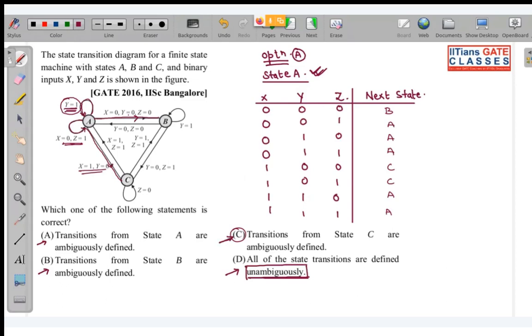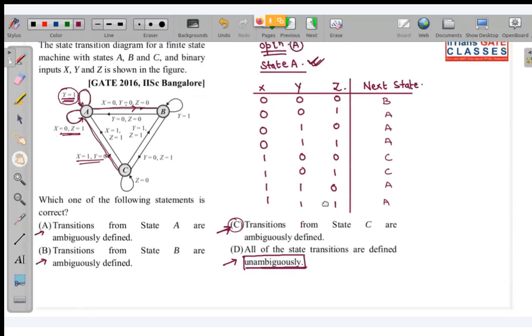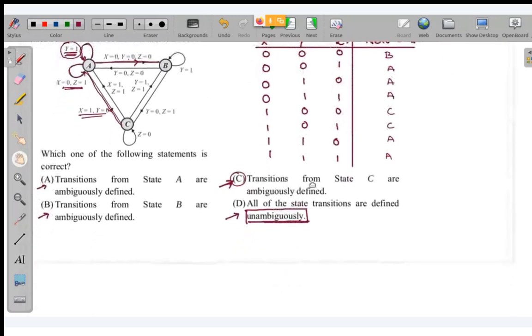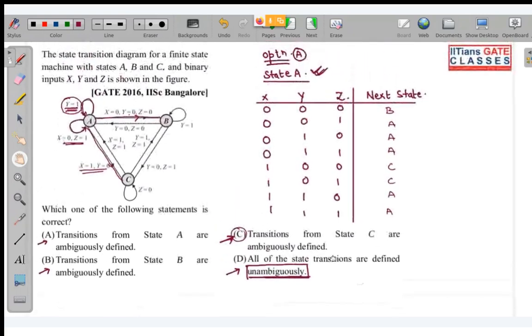So now let us check for state C. I am telling you, constantly alternate between the first and last. So last over here is option C. Let us check option C over here. I won't be having space over here, so it is better.